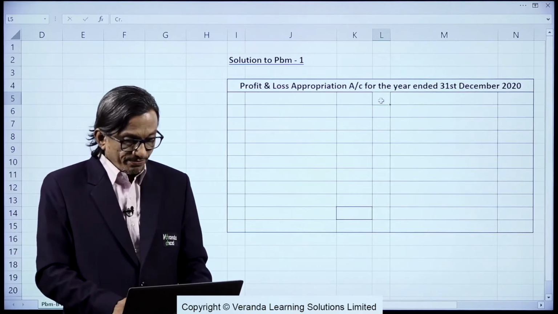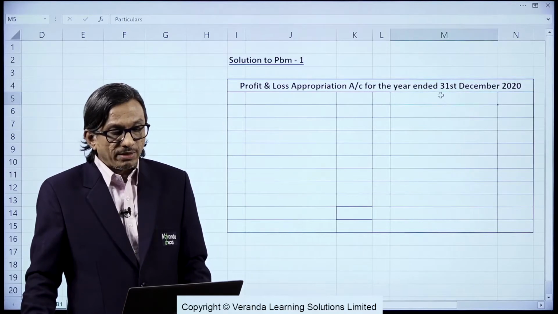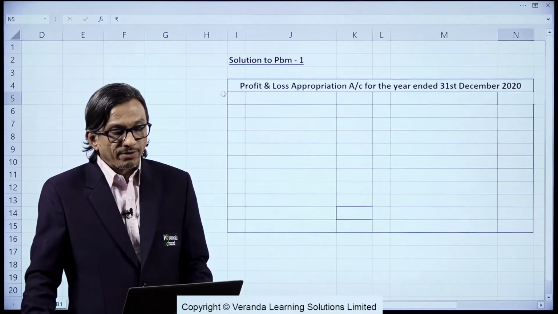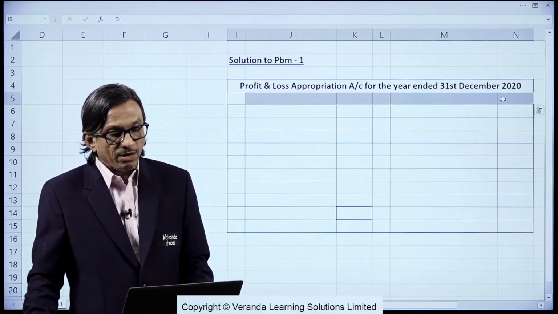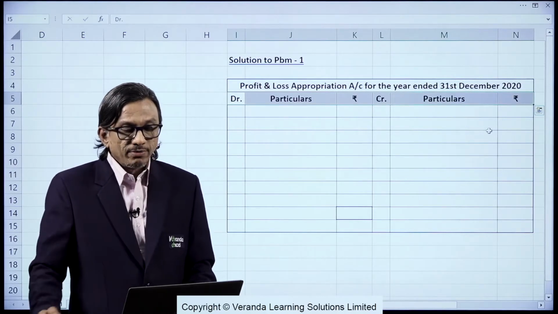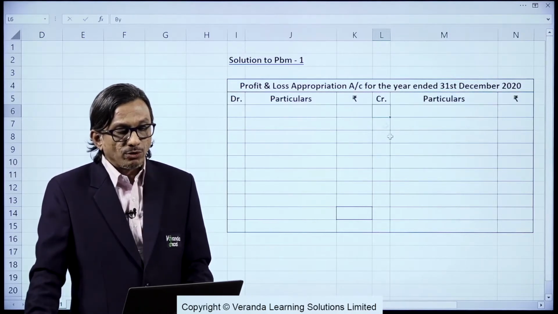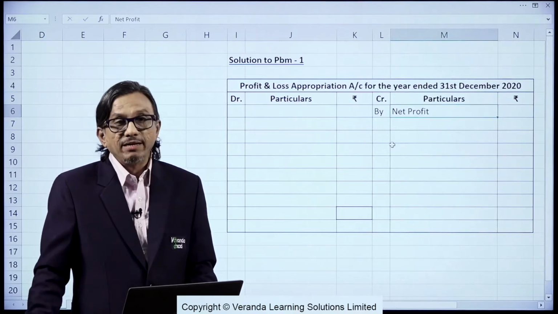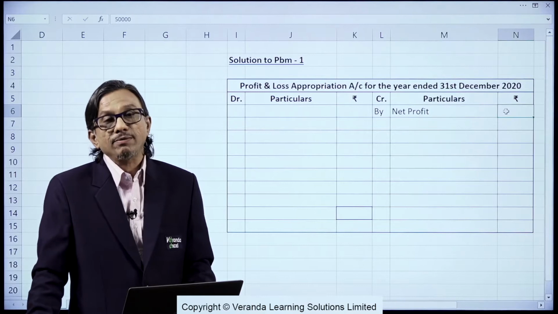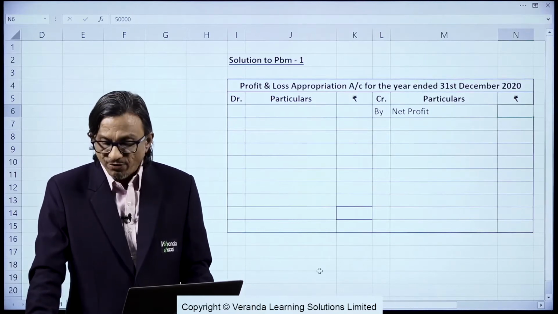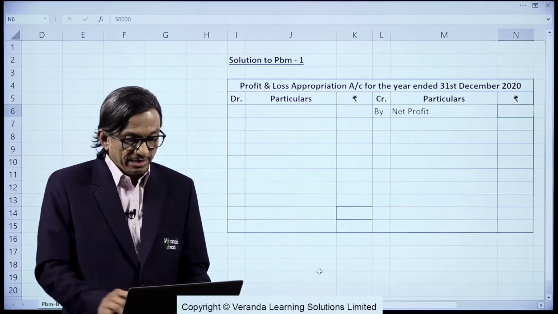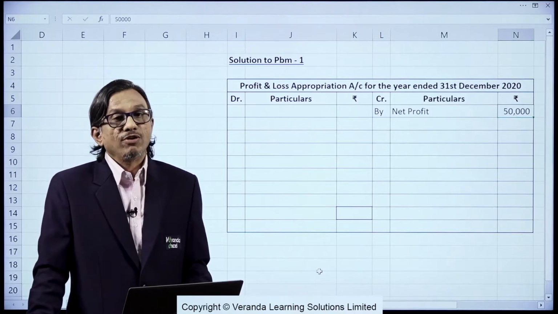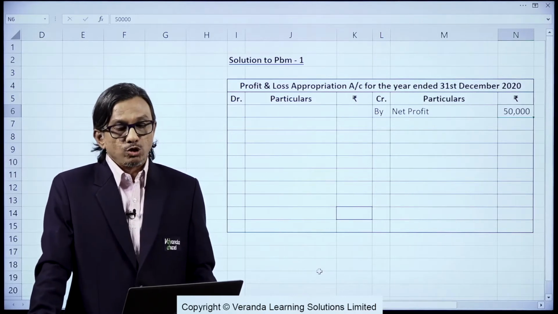So from where will you get the profit for the year? From the P&L account. So you put by net profit from the P&L account. What is the profit for the year as given in the problem? It is 50,000 rupees for the year ending 31/12/2020.